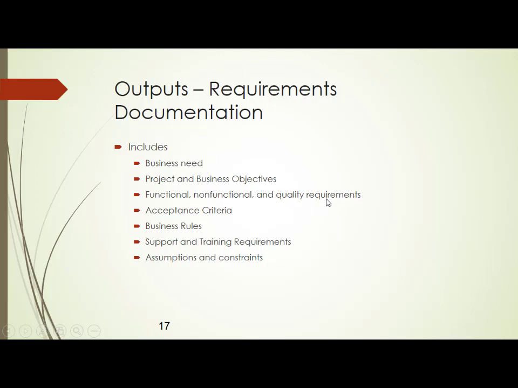Functional requirements means the requirements given by the stakeholder. Non-functional requirements means performance, okay, performance of that particular requirement. Acceptance criteria, on what criteria the stakeholder is going to accept that particular requirement. Then business rules, support and training requirements.